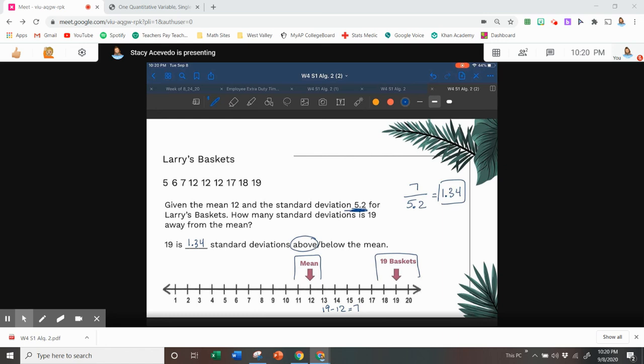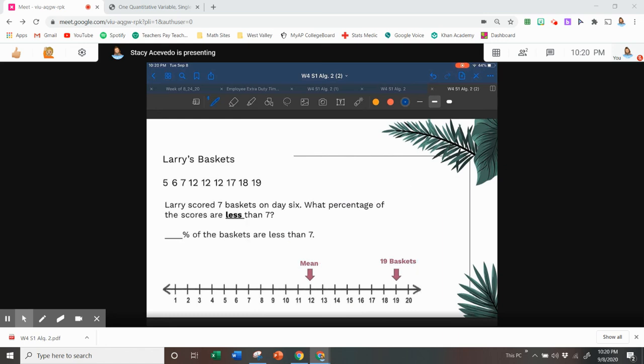We will conclude our review by going over a percentile. Here we're talking about Larry's basket again. Larry scored 7 baskets on day 6. What percentage of the scores are less than 7? Here's 7, and we see that 5 and 6 are both less than 7.